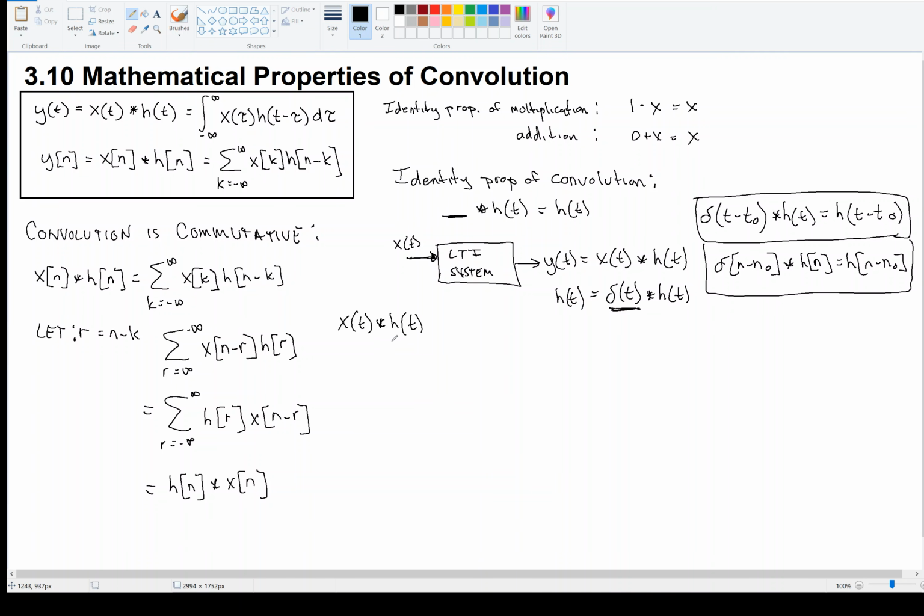And by the way, in continuous time, this also applies. That x convolved with h is h convolved with x.